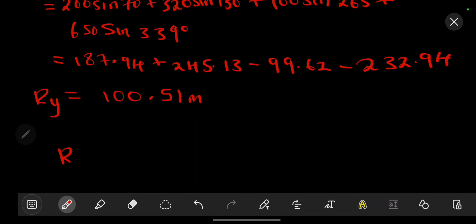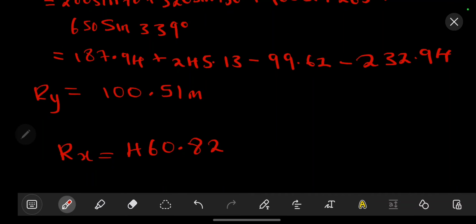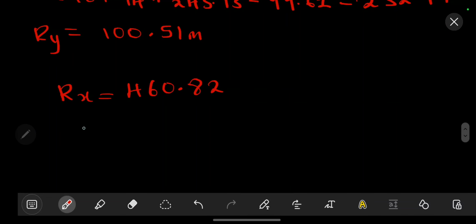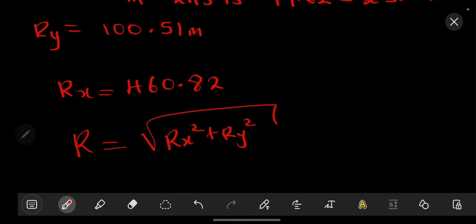So our resultant in the x is equal to 460.82, and our resultant in the y is that. So to find the magnitude, we are going to say r should be equal to the square root of rx squared plus ry squared, like that.